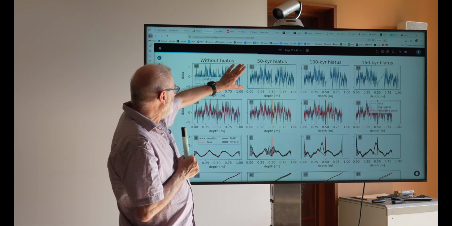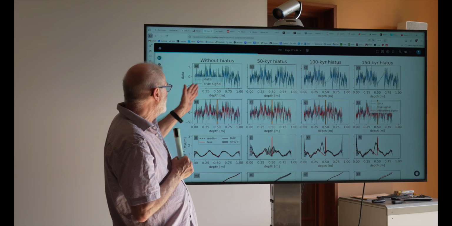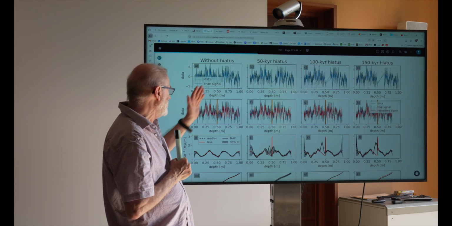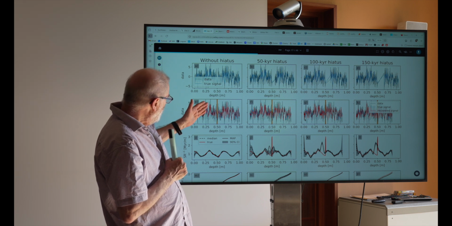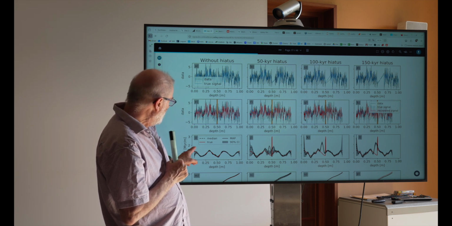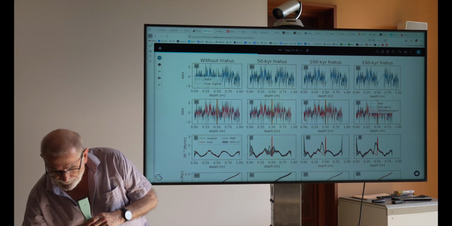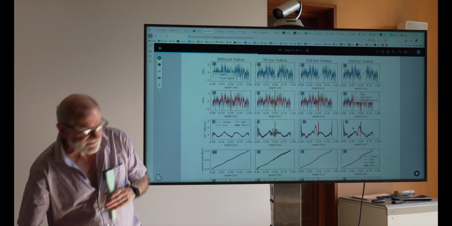So this is the analysis with the full data over 1 million years. You can think it corresponds to 1 meter, but you can think of it as 1 million years. And so you find this, yes, like that, it's better.